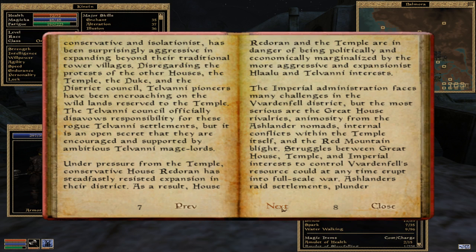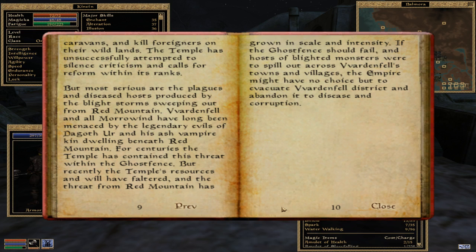Ashlanders raid settlements, plunder the caravans, and kill foreigners on their wild lands. The temple has unsuccessfully attempted to silence criticism and calls for reform within its ranks. But most serious are the plagues and diseased hosts produced by the blight storms sweeping out from Red Mountain.